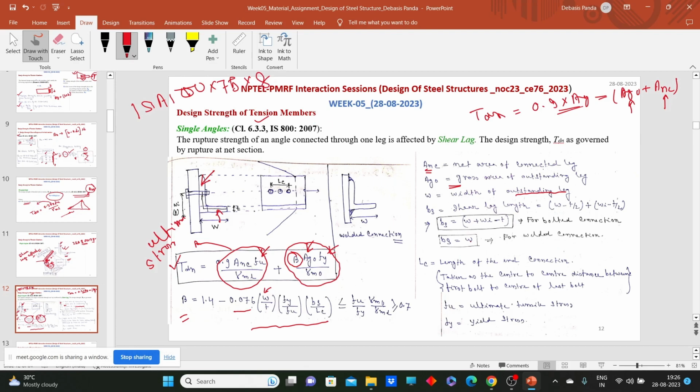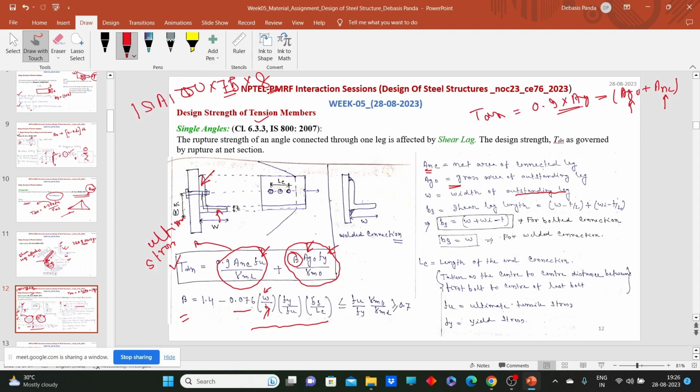Here, what should be the value of w? w is the width of the outstanding leg, that means 75 mm. Now what is t? This is the thickness. Here we have considered 100 into 75 into 8, so 8 will be t. Now Fy and Fu: Fy is the yield strength of the plate or angle section, and Fu is the ultimate strength.